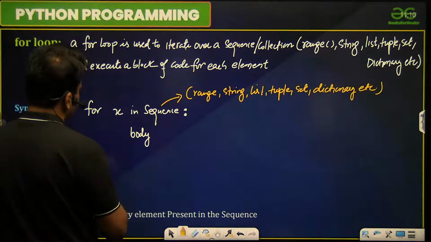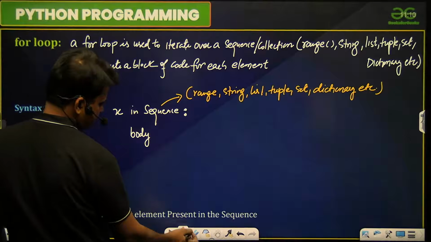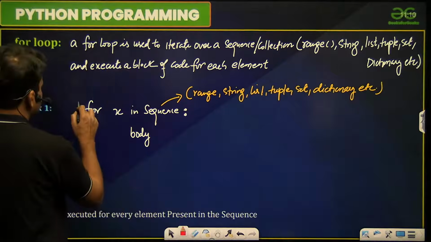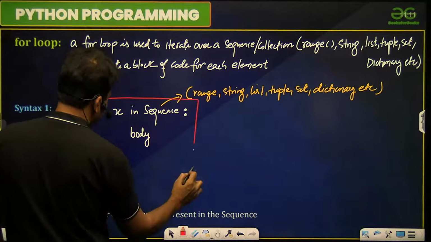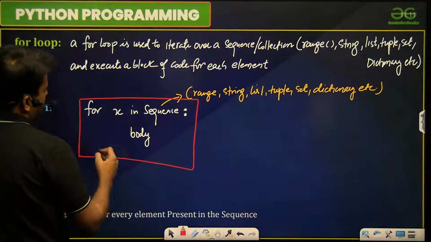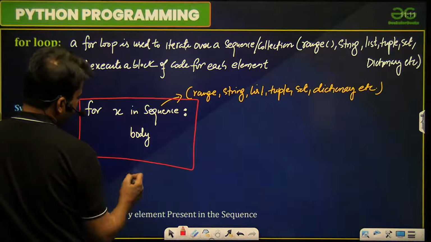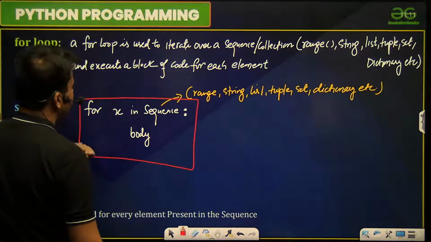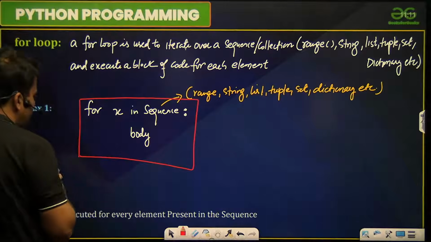So this is one syntax. This body, sir, executes when? This body will be executed for every element present in this sequence. All right.